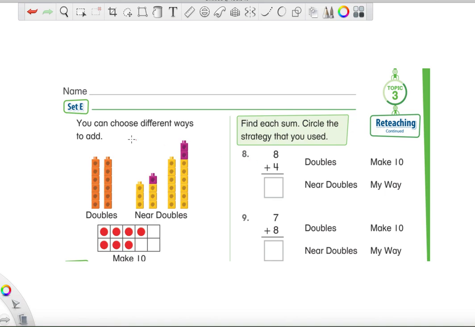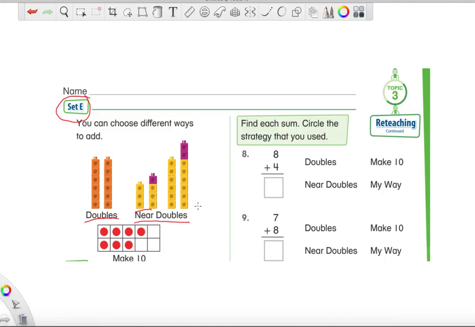Okay, here is set E. I'm sure you all remember when we had to think to ourselves, are we working with a doubles fact, where we're taking the same number twice and adding it? Or are we working with a near doubles fact, where it's just one different on one of the numbers, might be one more or one less?